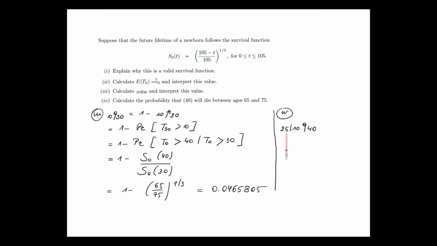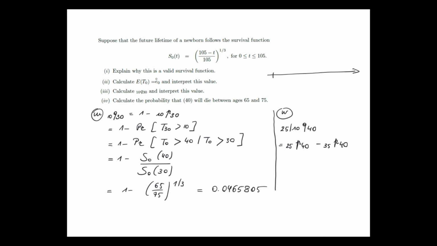And then you ask yourself the question, what is the probability that this 40-year-old will die between age 65 and age 75, right? And we've discussed in the class that you can see this as a difference of two survival probabilities, namely the probability to live another 25 years as a 40-year-old minus the probability to live at least another 35 years as a 40-year-old, right?